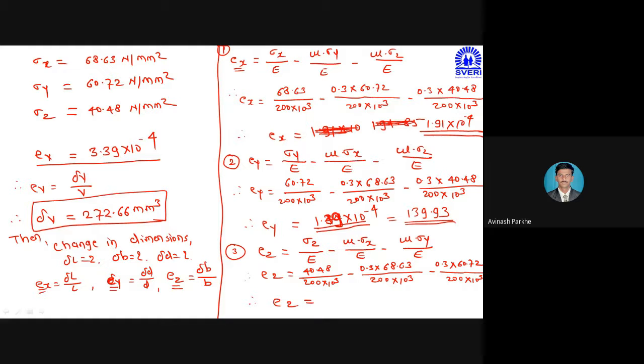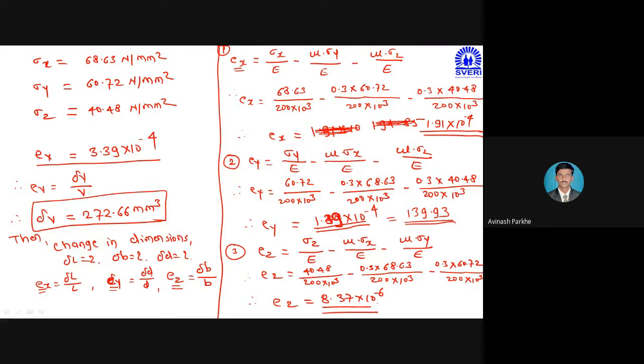After that, calculate the value of epsilon z. We are having the formula of epsilon z. Put all the values. Do the separate calculation of each term. Yes, 8.37 into 10 raised to minus 6. Epsilon z, so I will write 8.37 into 10 raised to minus 6.